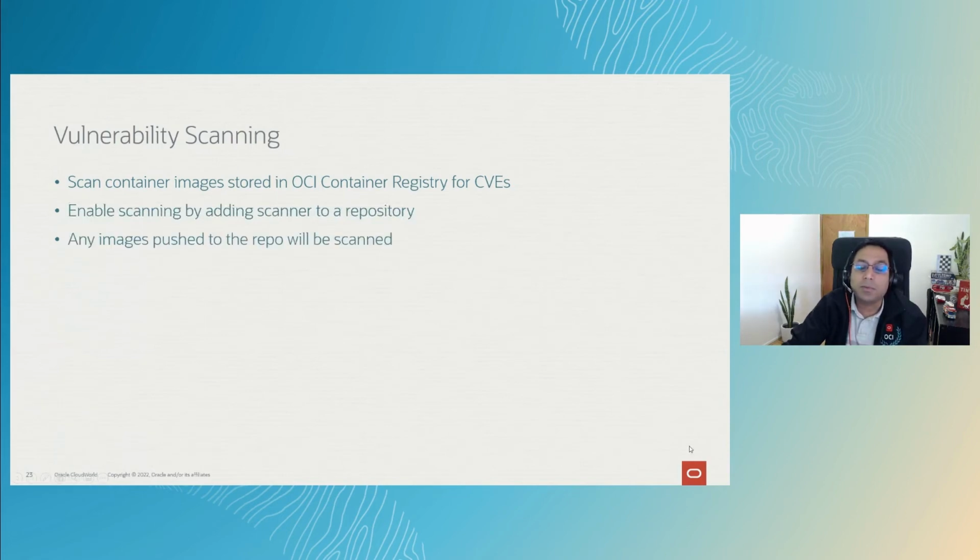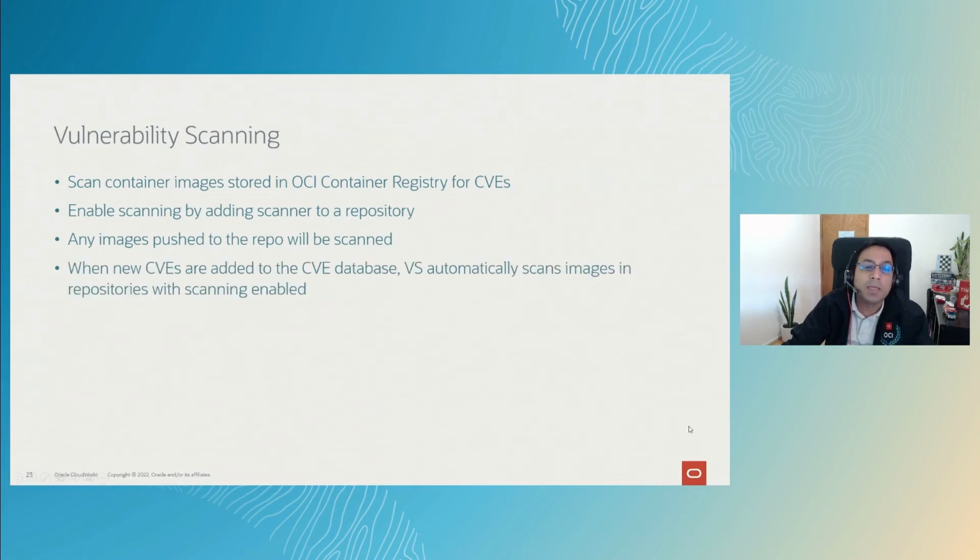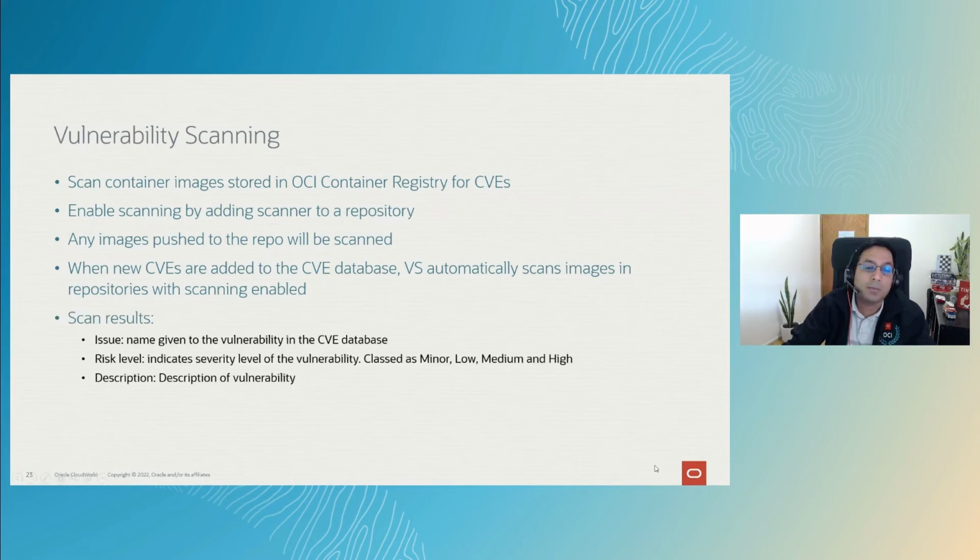You do so by adding a scanner to the repository. Any images pushed to the repo will be scanned. When new CVEs are added to the CVE database, the vulnerability scanning service automatically scans the images within only those repositories that have scanning enabled.